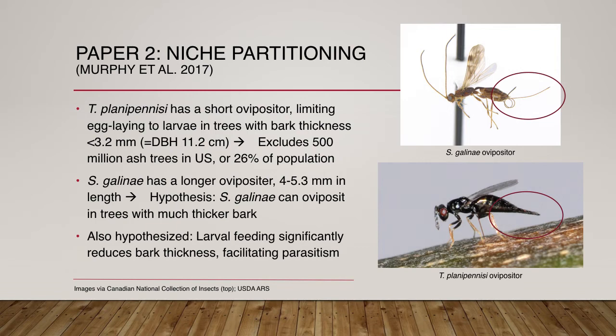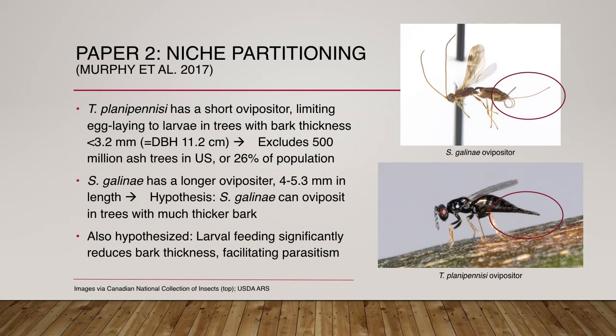And this system is a good example of niche partitioning among the species and how they're dividing up the host resource. So Tetrastichus has a short ovipositor, and this means that it can only lay eggs in trees with bark under 3.2 millimeters thick.